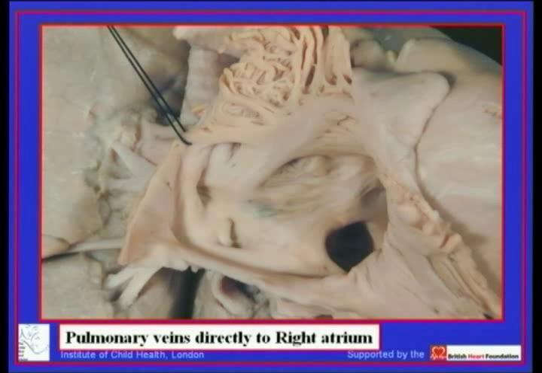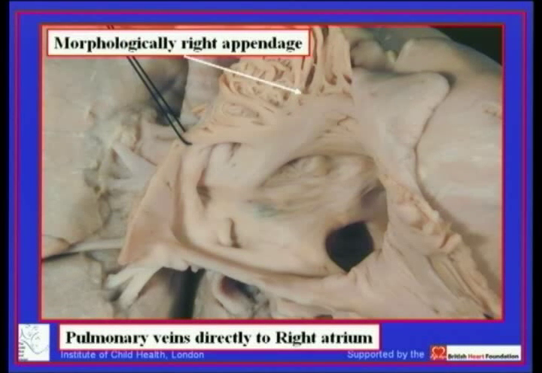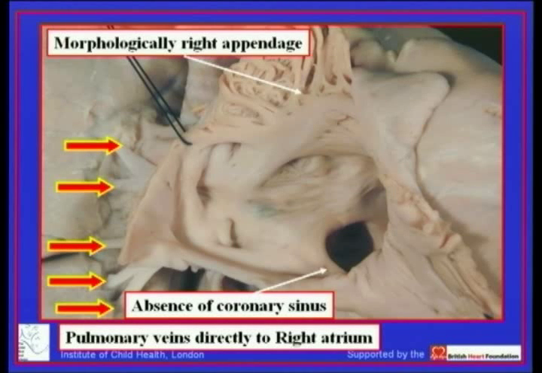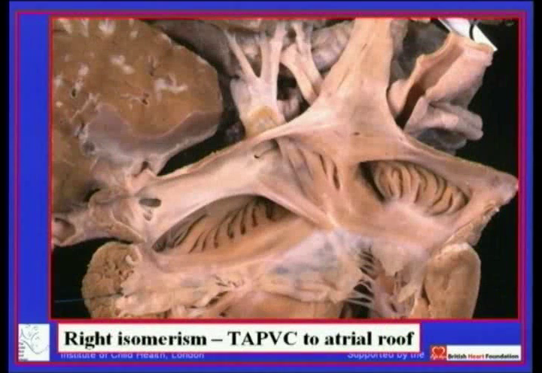But here is a situation where unequivocally we are dealing with a morphologically right appendage, not only in terms of its shape, but also the extent of these pectinate muscles running round the right atrioventricular junction. You see that the coronary sinus is absent, but here in the posterior wall of the right atrium we have drainage of all pulmonary veins.